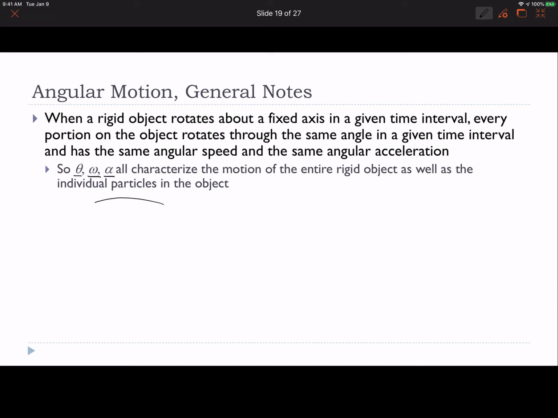So we've been drawing these disks, and we could look at points on here at any location, and I could define a particular angular displacement over some time interval, and it would be exactly the same for all of those points on here. If I were to look at how far they moved in a given time interval, at any instant in time they would have the same angular velocity and the same angular acceleration because the object is rigid and all the points spin together.